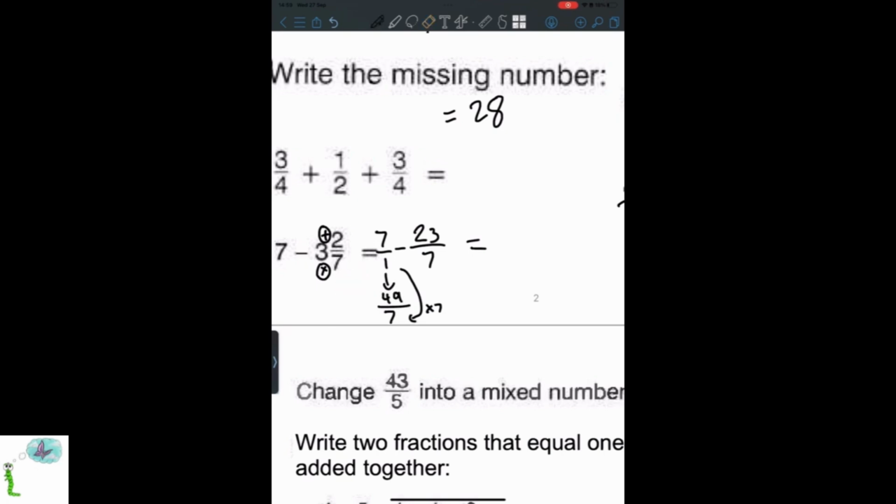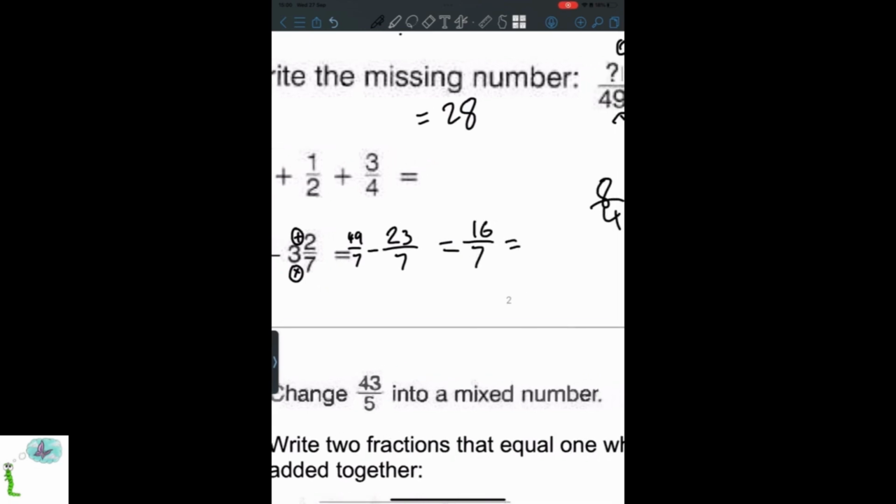This is the same fraction as the one above it. 49 over 7 is 7, right? So now we can rub this out, and we can just put this here. And now we can just subtract as normal. And the answer we're going to get is 16 over 7.